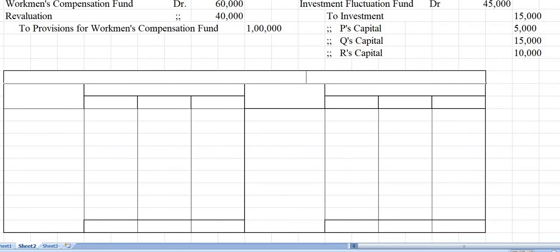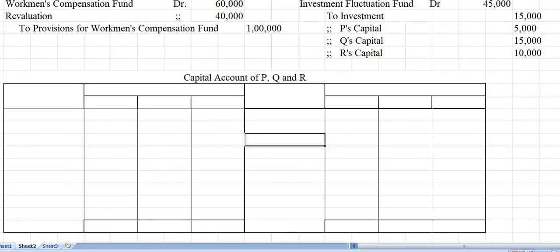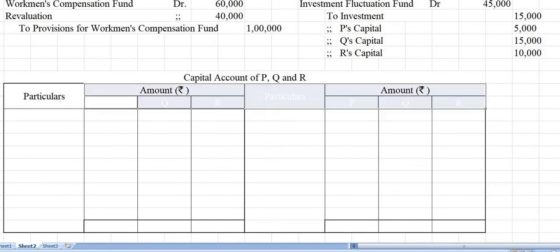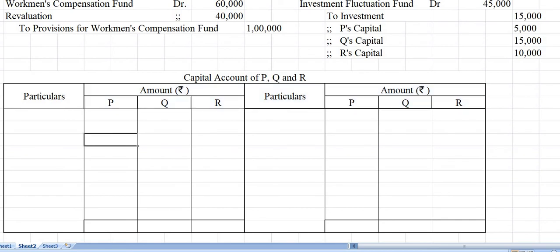So that is written here, partners' capital account of P, Q and R, particulars, then amount, and here also we will write the details, particulars, amount for P, Q and R. So we have to write first the opening balance.